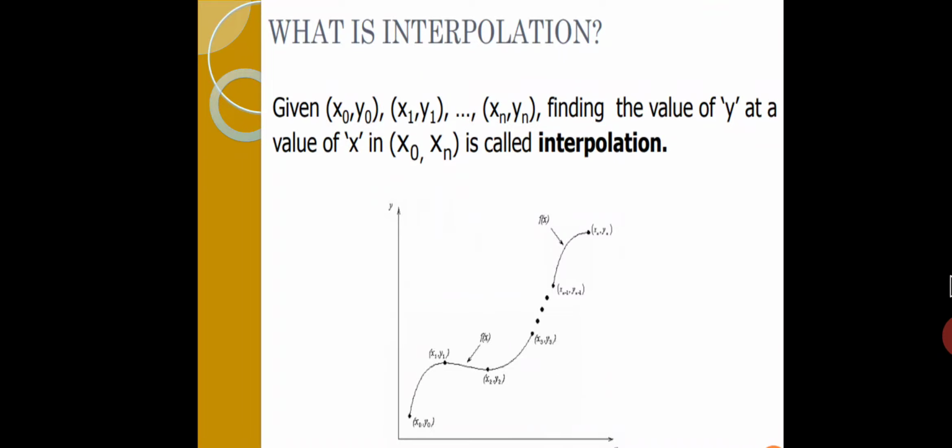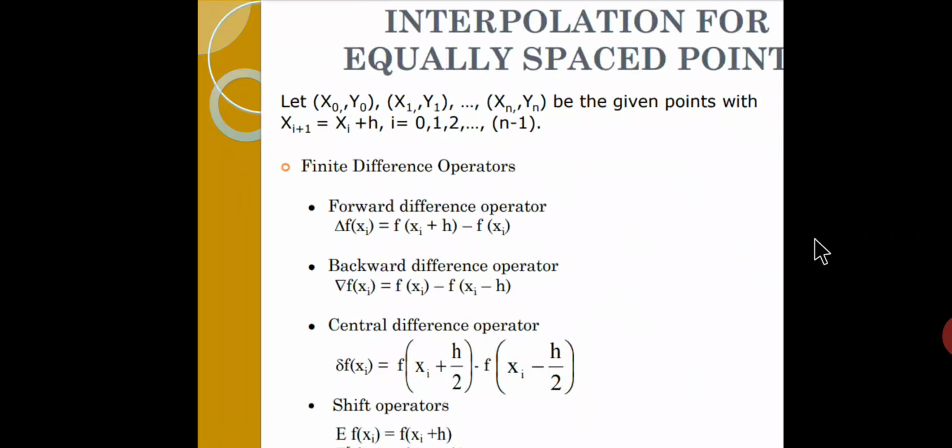So interpolation is divided into three parts. Given argument values are equally spaced: under this we have two methods, Newton's forward interpolation and Newton's backward interpolation. Given argument values are unequally spaced: in this we have Lagrange's interpolation formula.